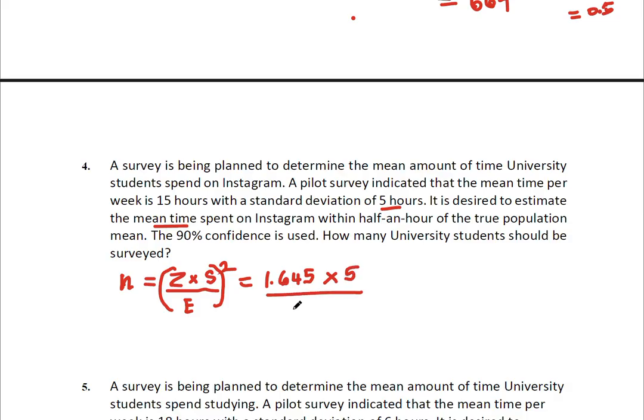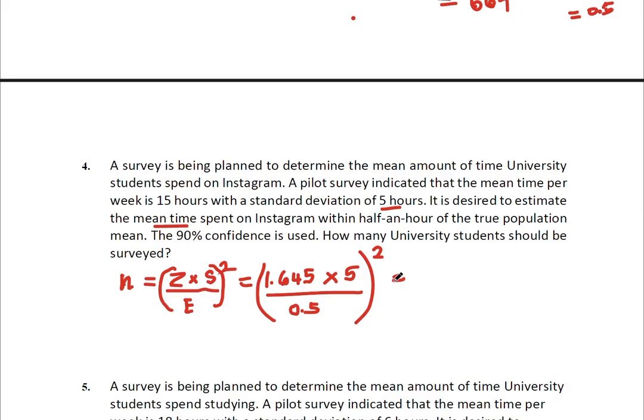And the error is going to be 0.5, because we're asked to estimate the mean time within half an hour of the true population mean. We're going to simplify that, and then square all of it, and that will give us our final answer.